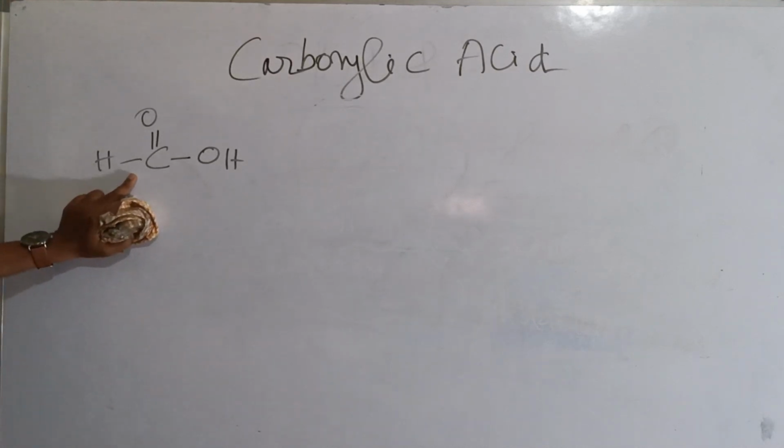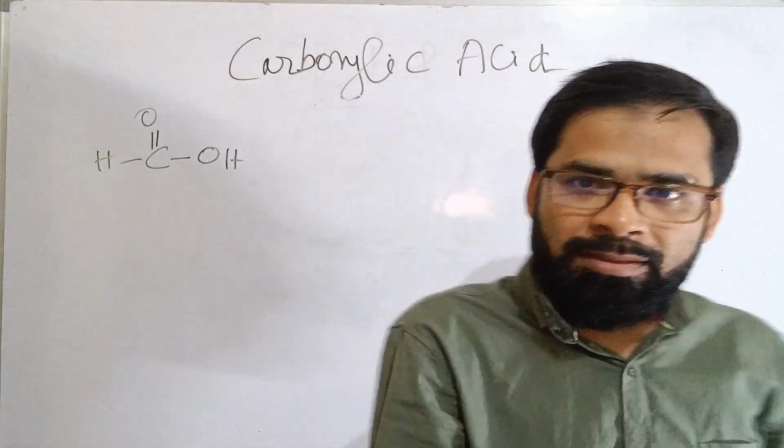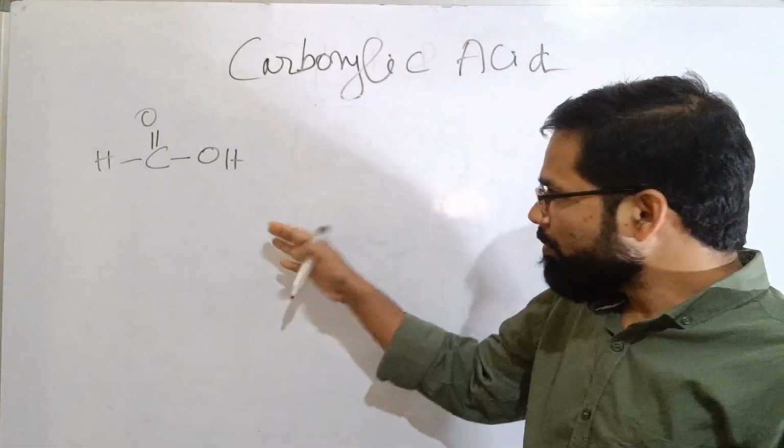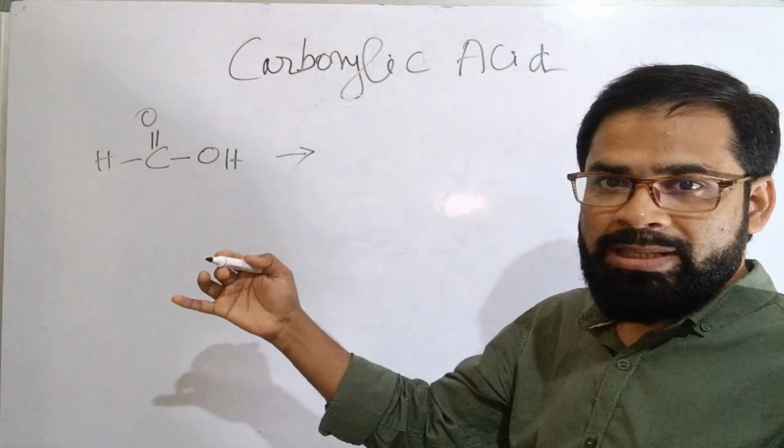Tell. Methanoic acid, because methane, only single carbon. So for that methane, you have to remove E, so methanoic acid. And the common name will be formic acid.